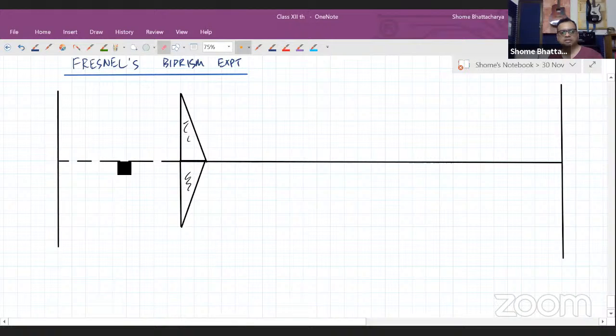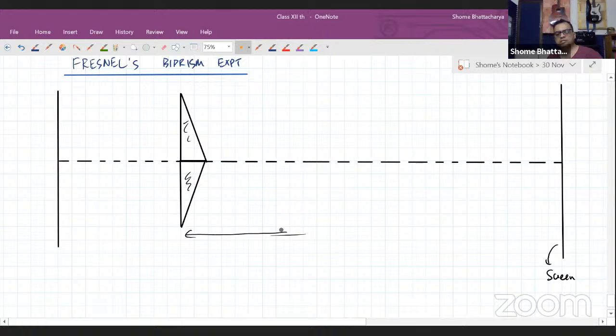So this is just a symmetry line. So typically this distance here is a known quantity.